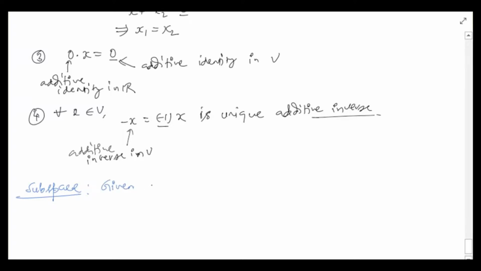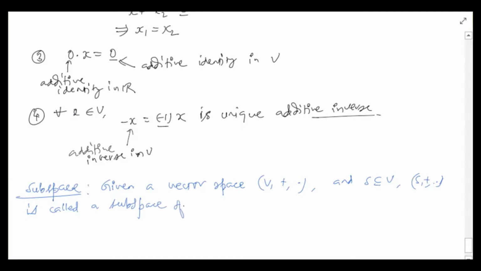Given a vector space V plus dot, and a subset S of V, S plus dot is called a subspace of V plus dot if S plus dot is a vector space.